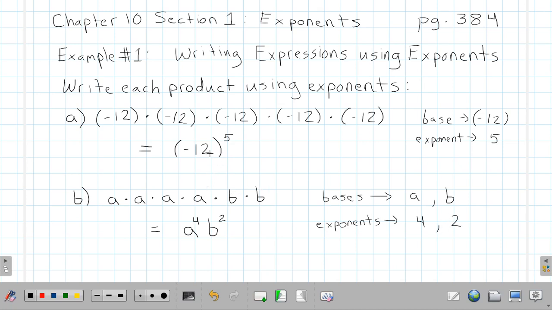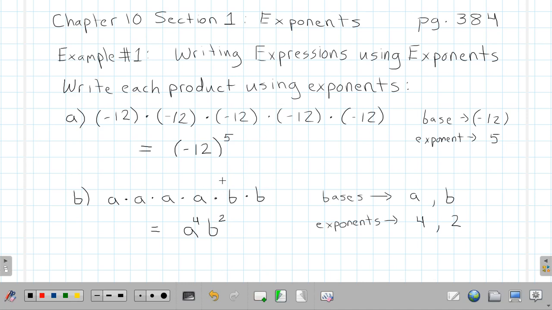And once again, that just comes from seeing what's repeating. In this case, what's repeating is a. It's being multiplied times itself 4 different times, so it's represented here 4 times. So the exponent is 4. And then we have another base over here, another factor that's repeated, which is b. So it's represented 2 times, which means an exponent of 2.